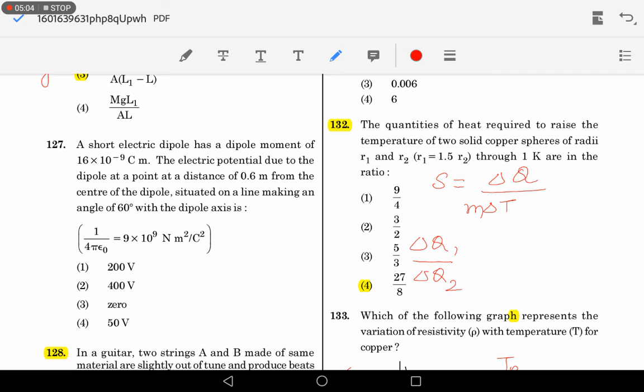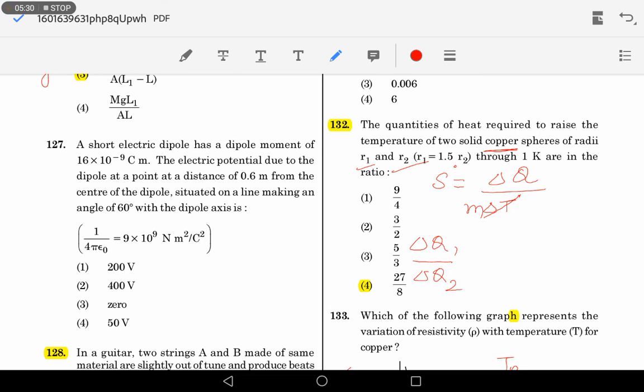To raise the temperature of two solid copper spheres of radii R1 and R2, R1 equal to 1.5 R2, through 1 Kelvin. So delta T is going to remain 1 Kelvin for both the cases. Specific heat capacity is going to remain same. Are in the ratio. So del Q1 by del Q2 is the question.